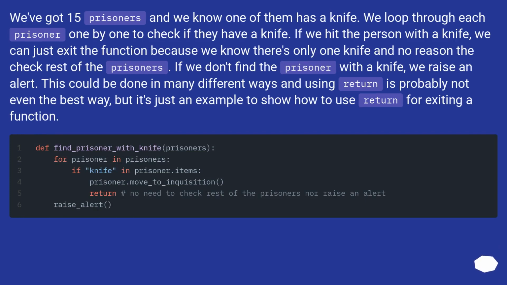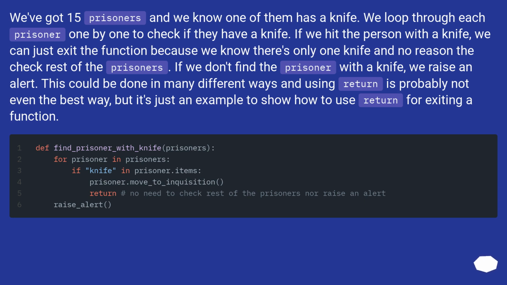We've got 15 prisoners and we know one of them has a knife. We loop through each prisoner one by one to check if they have a knife. If we hit the person with a knife, we can just exit the function because we know there's only one knife and no reason to check the rest of the prisoners. If we don't find the prisoner with a knife, we raise an alert.